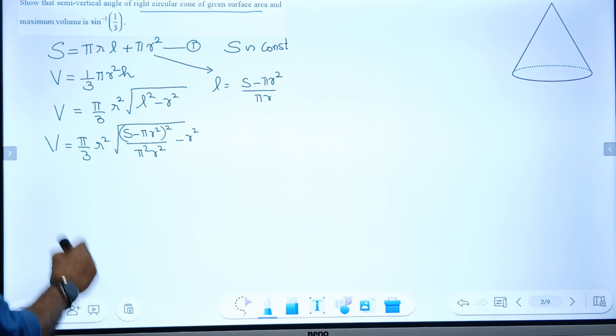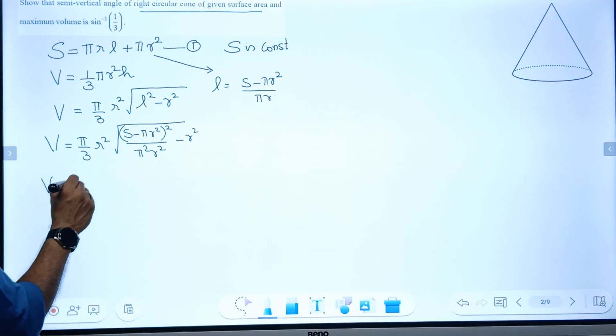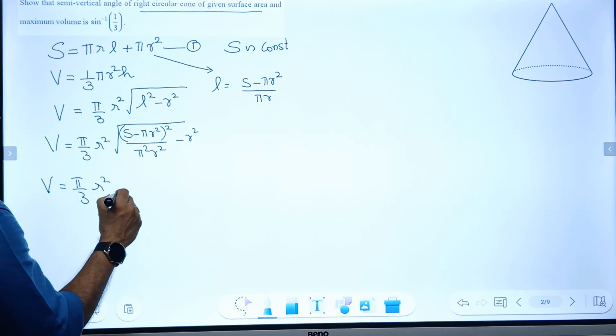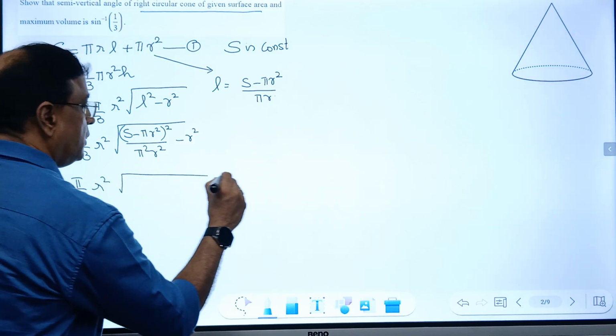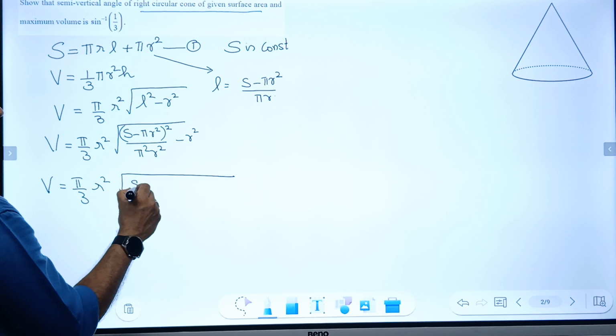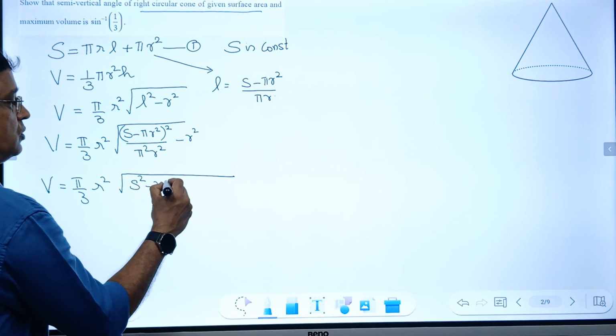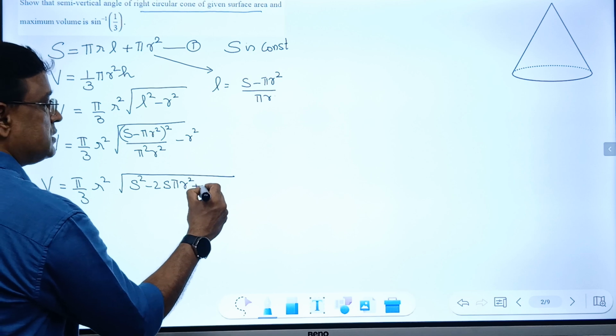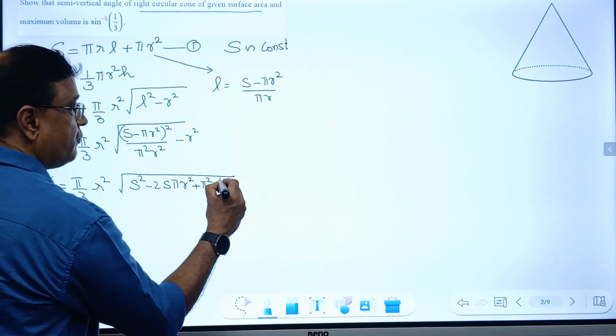Okay. Now my volume V is pi by 3 into r square into root of, I open the bracket, I get S square minus 2S pi r square plus pi square r power 4.